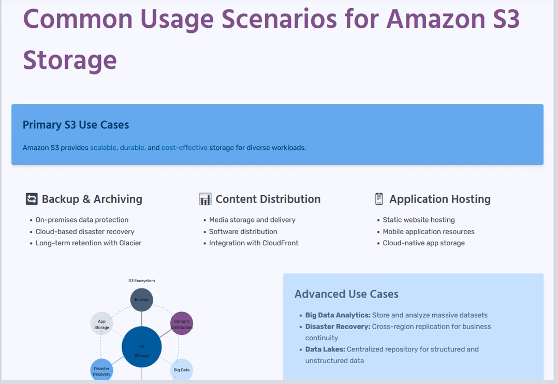So, primary S3 use cases. We're talking about S3 buckets, right? S3 provides scalable, durable, cost-effective storage for diverse workloads, right? So this one gives you a cost-effective solution that is scalable and durable.